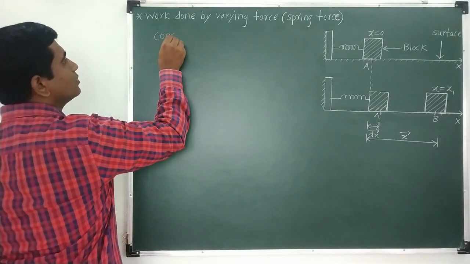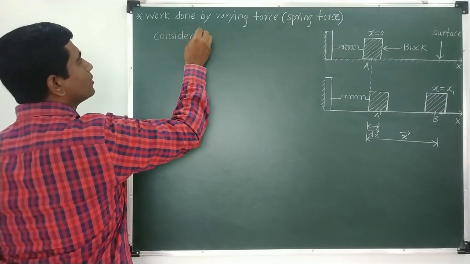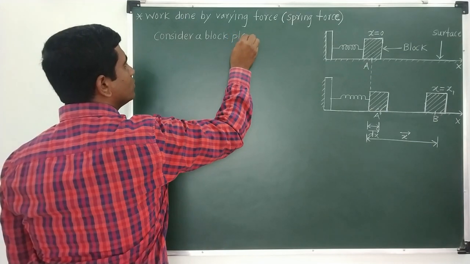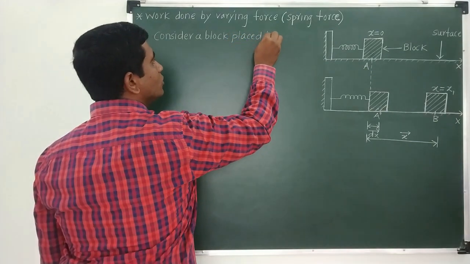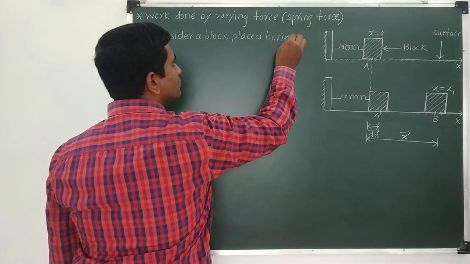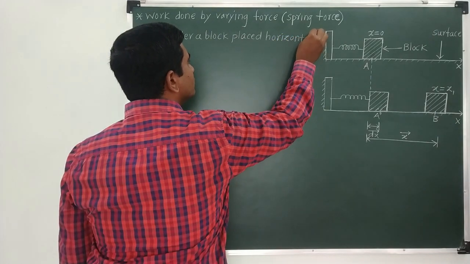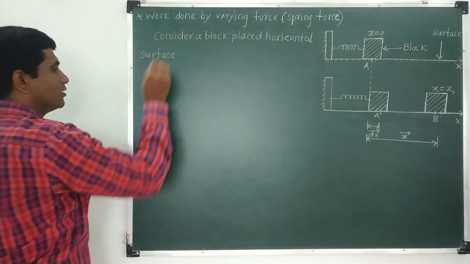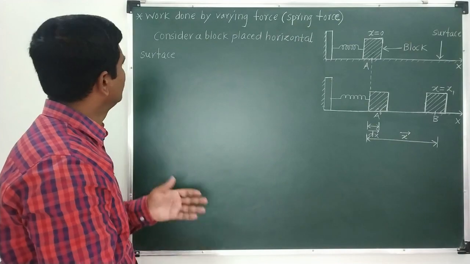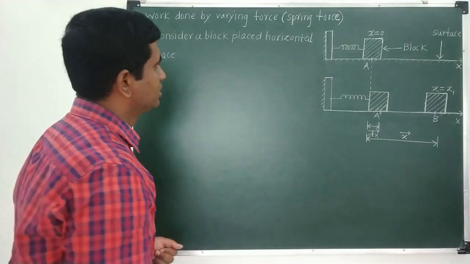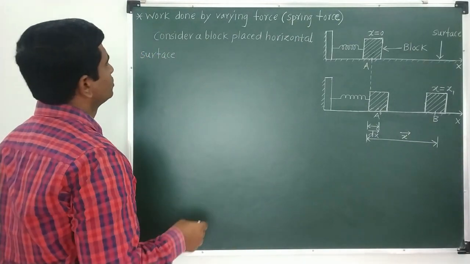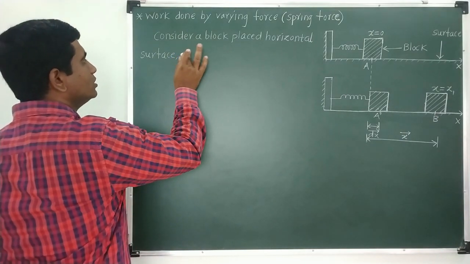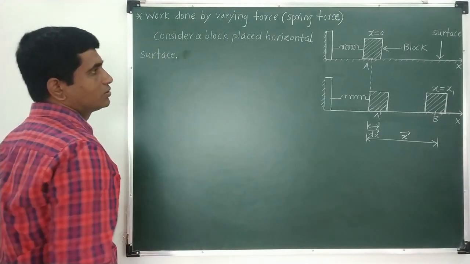Consider a block placed on a horizontal surface. Here we are assuming that there is no frictional force, so you can write frictionless horizontal surface as well. Consider a block placed on a frictionless horizontal surface.